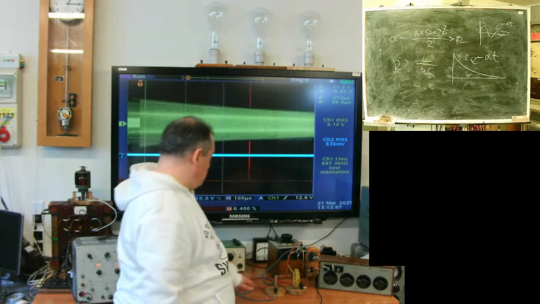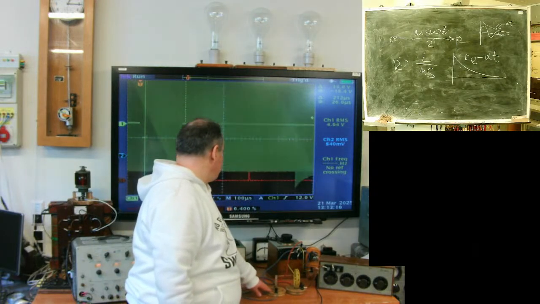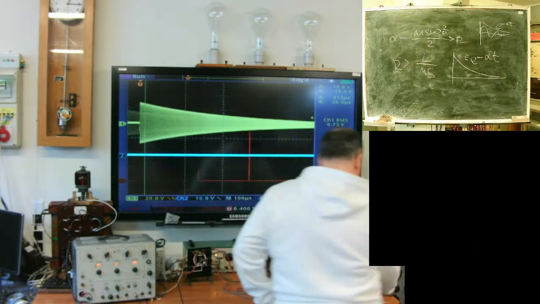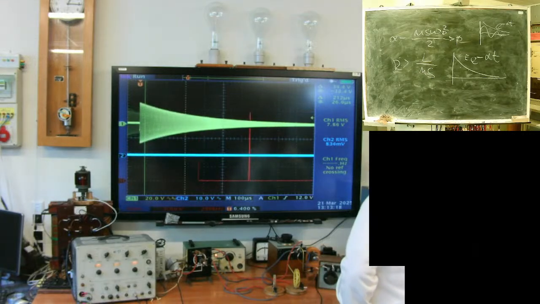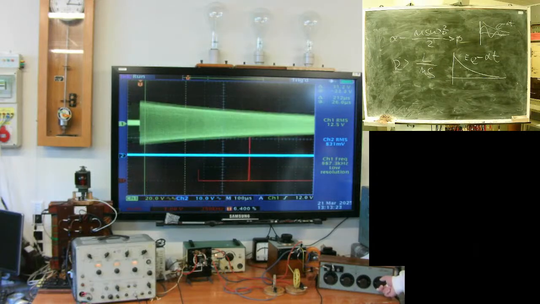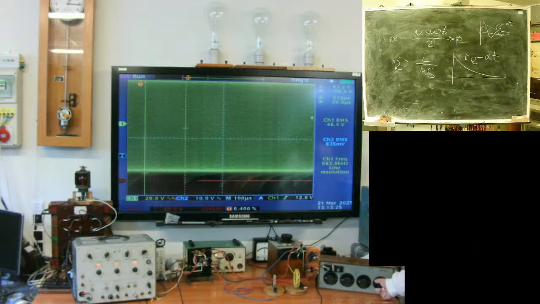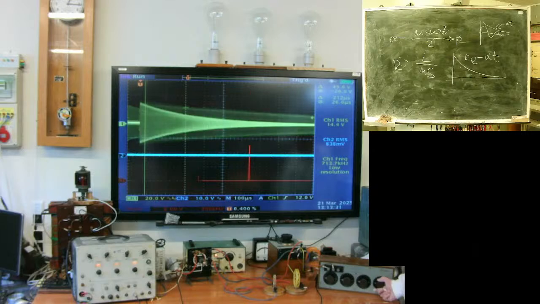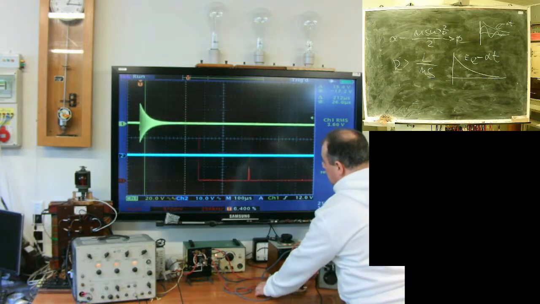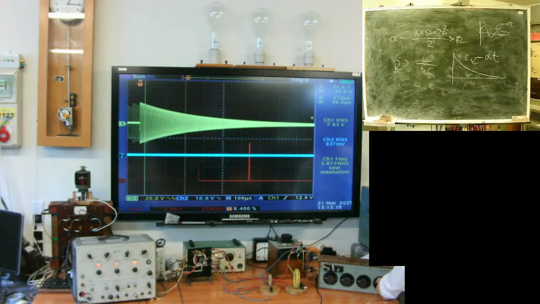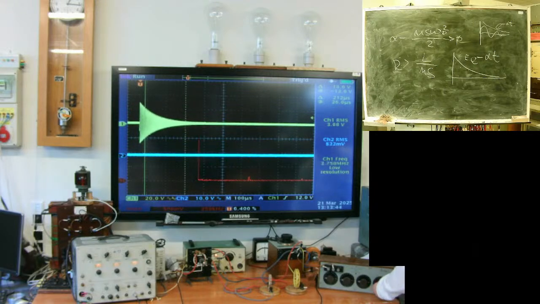On the brink. Small, oh, not stable. Difference 2 ohms. I'm decreasing active resistance. Not stable. Stable.